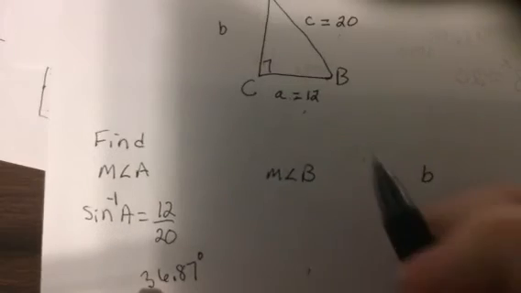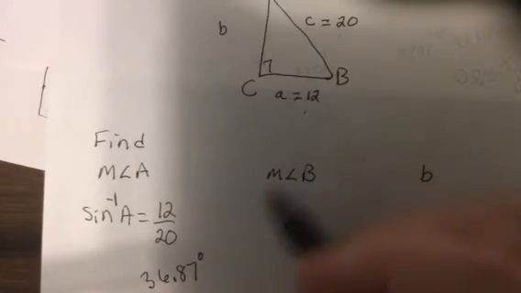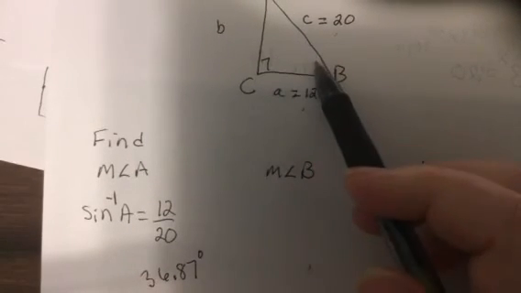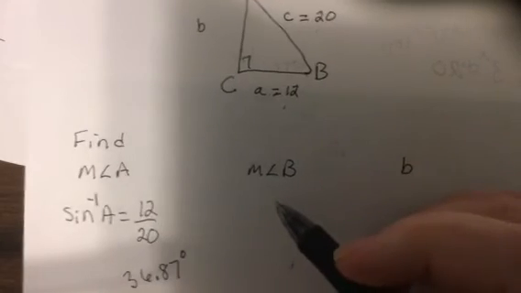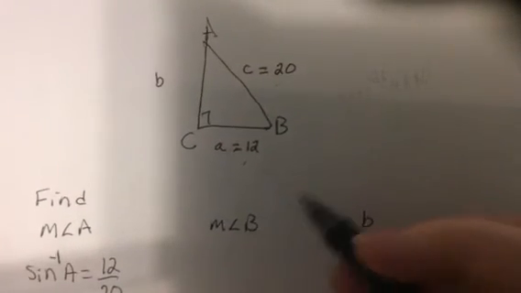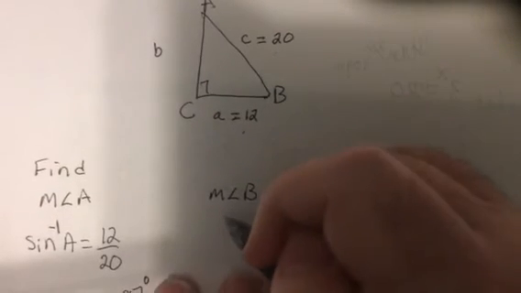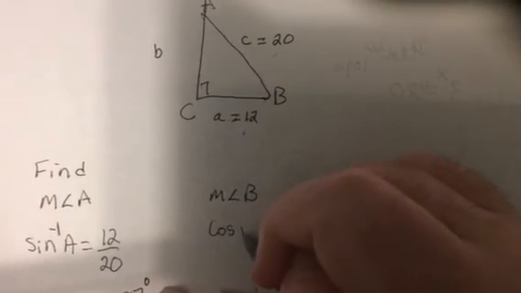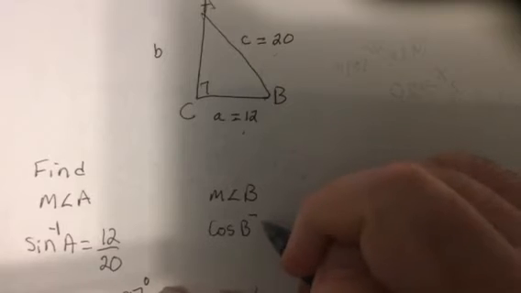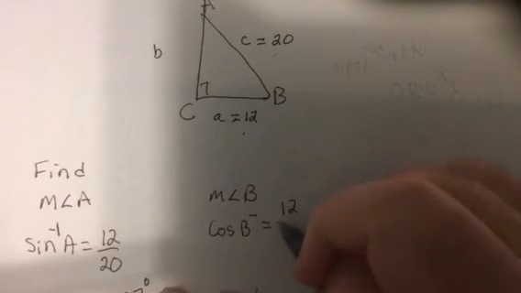Now, I can use trig to find b, or I could use this and this add up to 90, or all three add up to 180. I'm going to use trig just to get used to it. So what's adjacent over hypotenuse? Well, that's cosine. Cosine of b is 12 over 20.